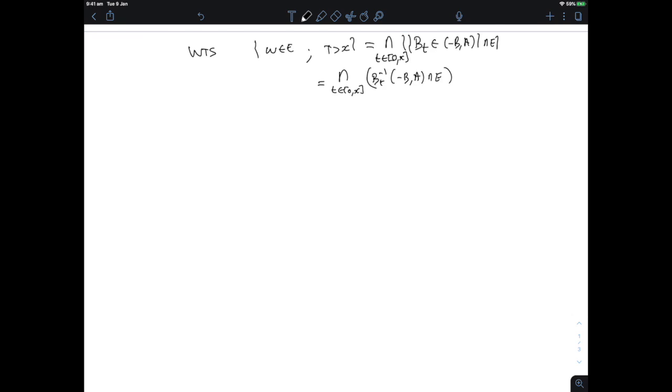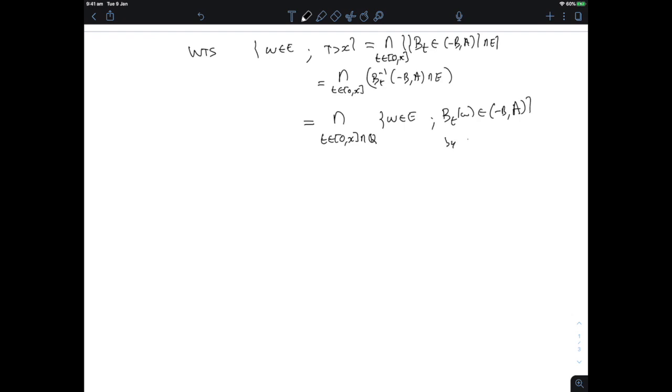But it's not really an uncountable index set thanks to the continuity of the Brownian. Because if you're between -b and a for a value of time t, then you have to be between -b and a for a rational value of time close to t. So this intersection is really the same as the intersection over all times between 0 and x that also happen to be rational of the sets of omega in E where Bt of omega is between -b and a.